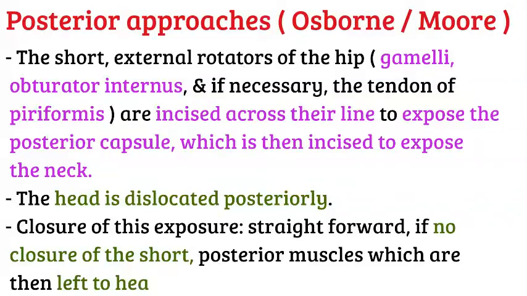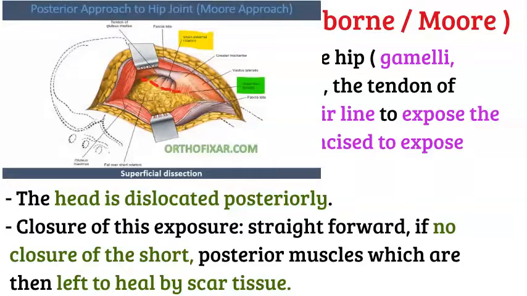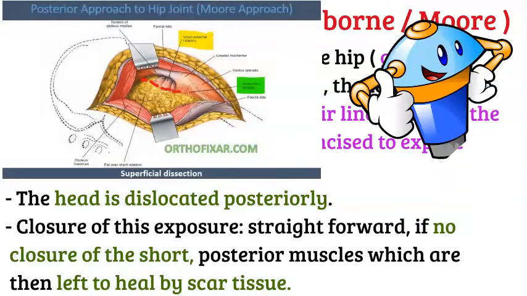Closure of this exposure is fairly straightforward, although it is often difficult to obtain a substantial closure of the short posterior muscles, which are then left to heal by scar tissue. As illustrated, the short rotators are exposed and incised across their line to expose the posterior capsule.